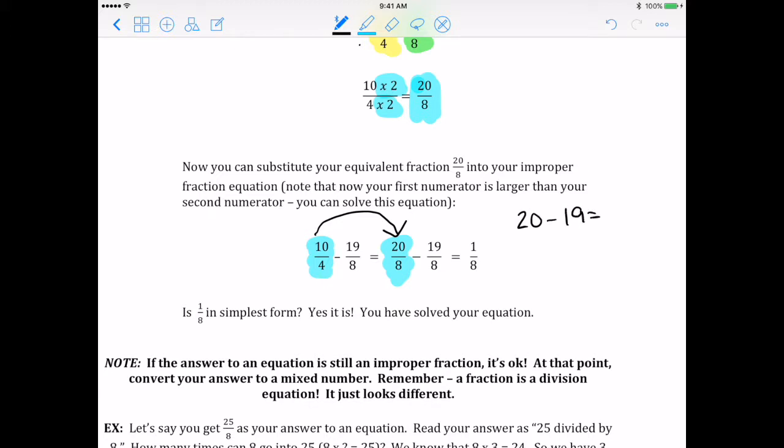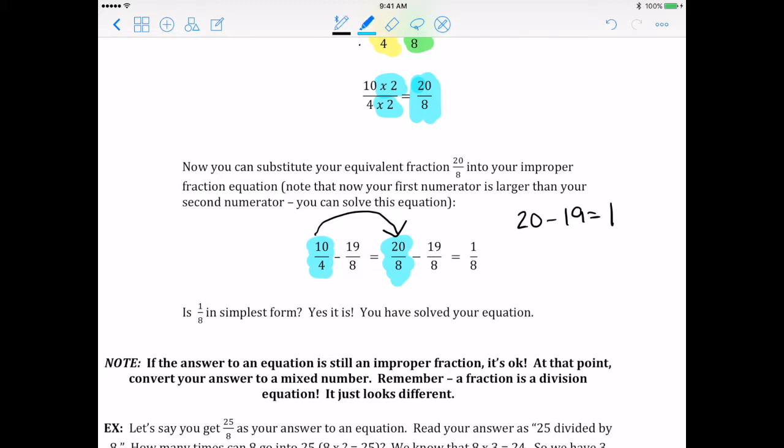Yes, I could solve that problem, and it would be 1. And of course, as before, your denominator stays the same throughout the process of solving the equation. So your 8 remains an 8. Now, is 1/8 in simplest form? It is. So you've solved your equation.